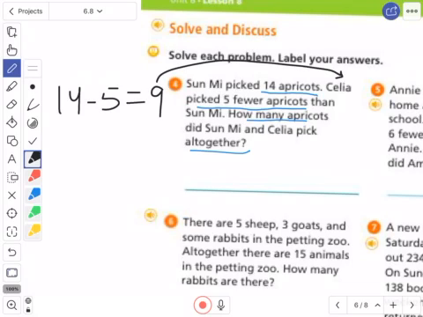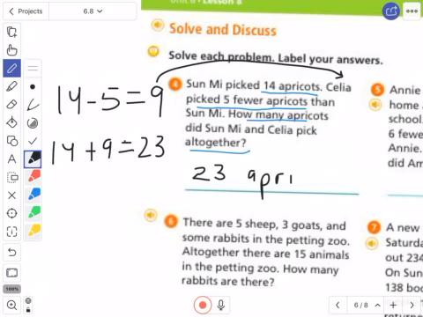So then my numbers I'm going to use together are 14 plus 9 equals 23. 23 apricots. There we go.